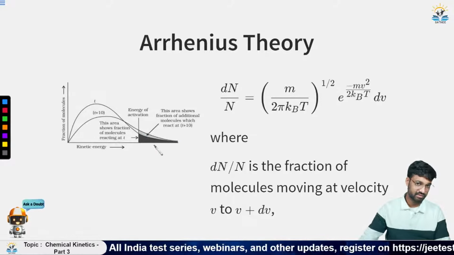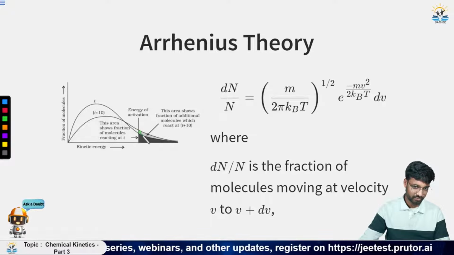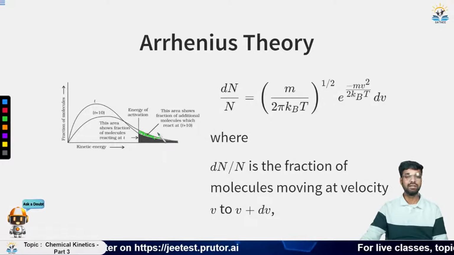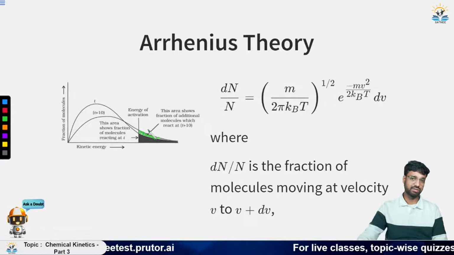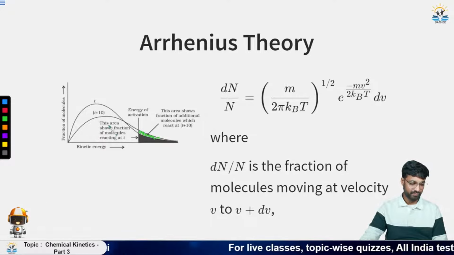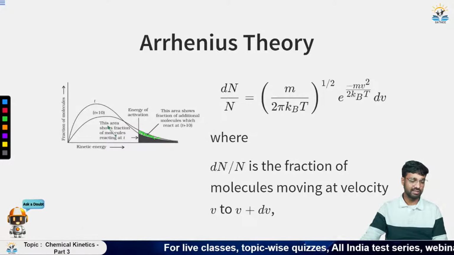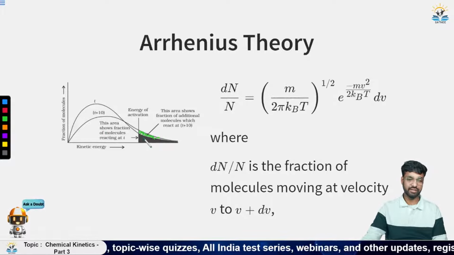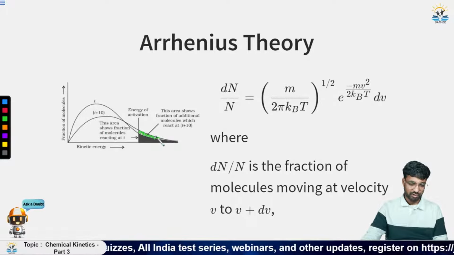This is the point that I want to make here: as we increase the temperature, of course the species having low energy have decreased, but the species having higher energy are increasing. So this is a small change in that.